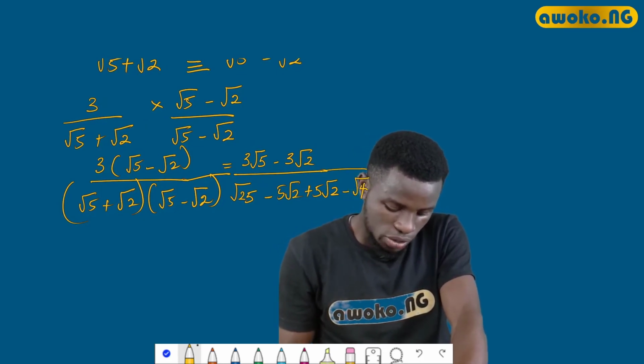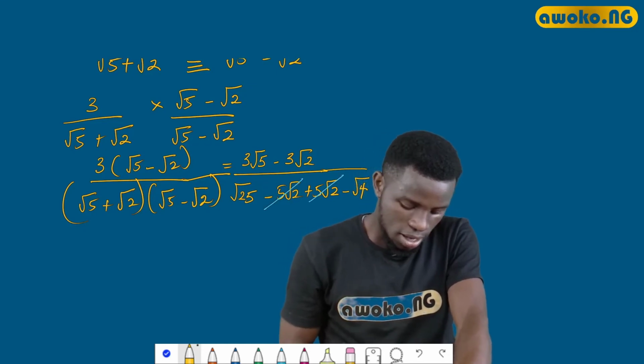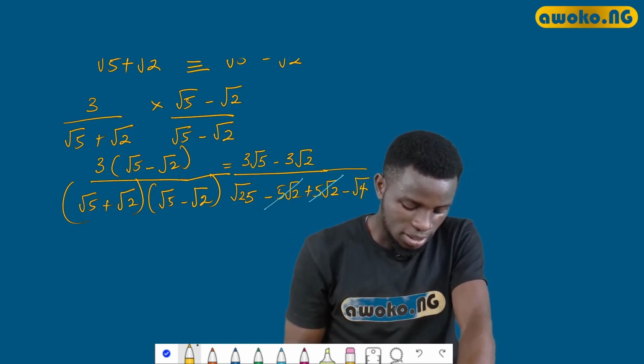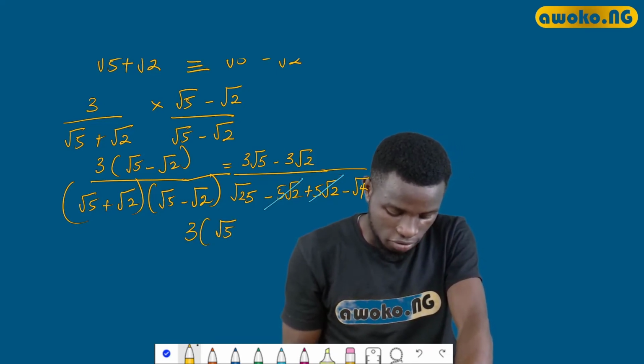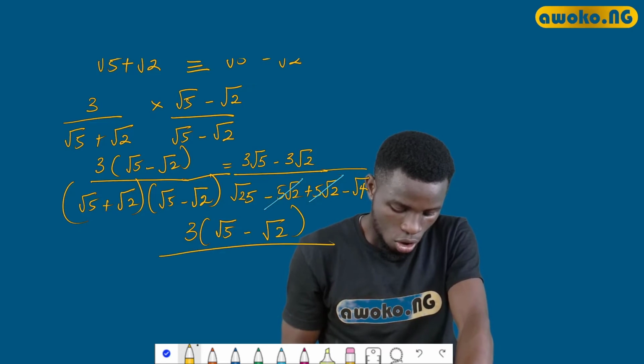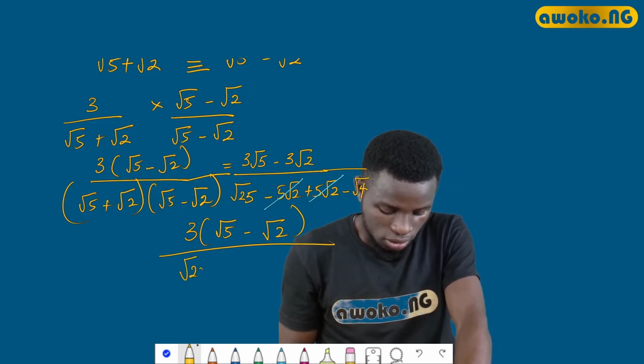And if you do this, you realize that this will cancel out and we are left with 3 into root 5 minus root 2 all over root 25 minus root 4.